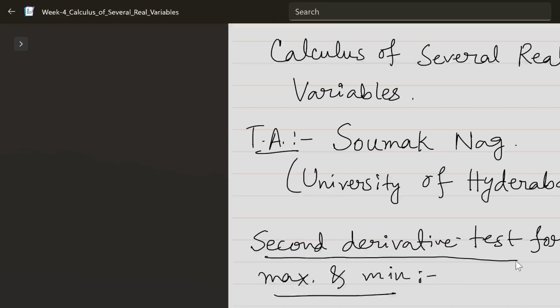For a function of a single variable, I told already last day, if you remember. So suppose f is a function of two variables x, y and (x naught, y naught) is a critical point. That means del f del x and del f del y both are 0 at (x naught, y naught).